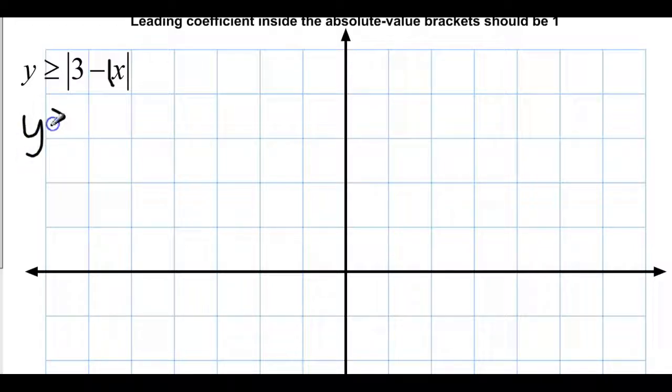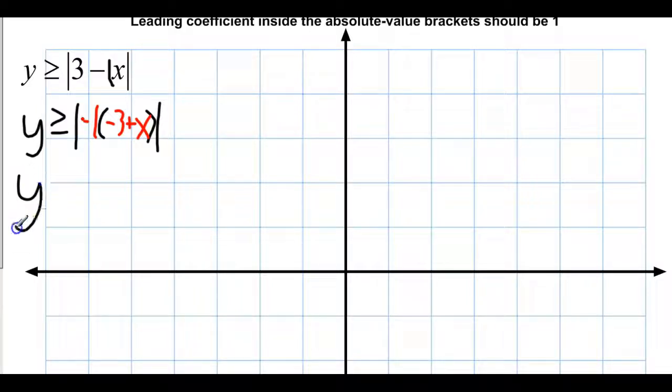So y greater than or equal to the absolute value. Inside of this absolute value, I'm going to factor out a negative 1. So I'm taking negative 1 out of this expression. So this is going to be negative 3 plus x. I'm going to write it differently here because I don't like writing the negative 3 first.